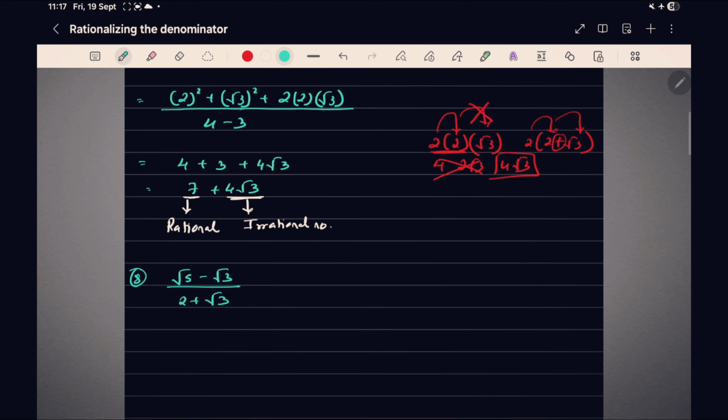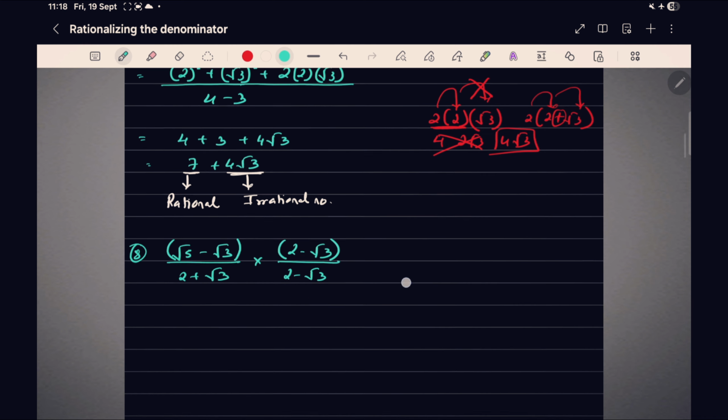Again, focusing only on the denominator, what are we able to see? We already have a plus b, so what do we need? We need a minus b. So that is into 2 minus root 3 and 2 minus root 3. Okay, this is one bracket, this is another bracket.